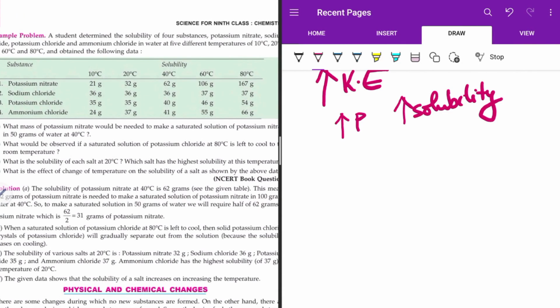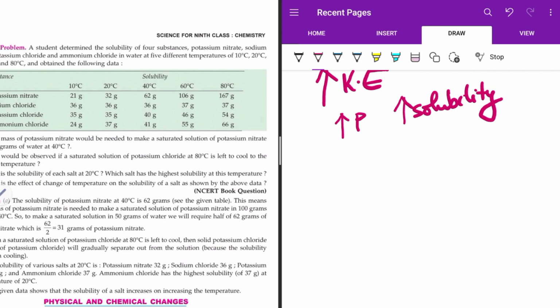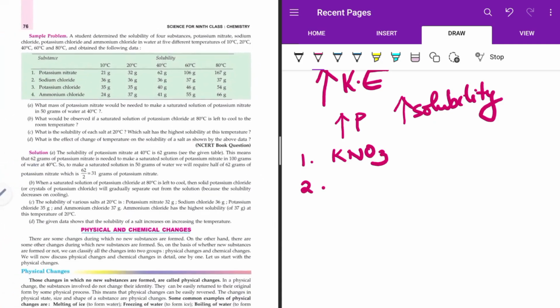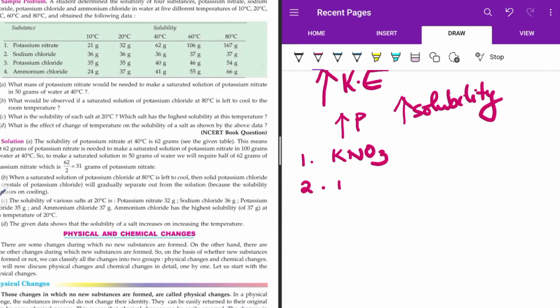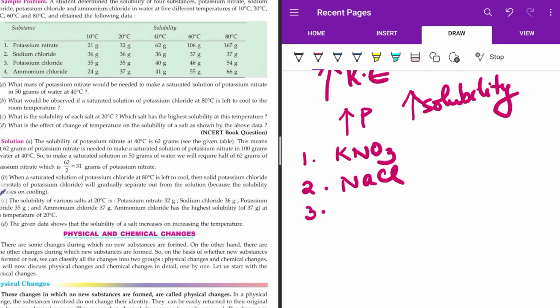Okay, so see this question. A student determined the solubility of 4 substances. Number 1 is potassium nitrate, that is KNO3. Number 2 is sodium chloride, so it is NaCl. Number 3 is potassium chloride, KCl.